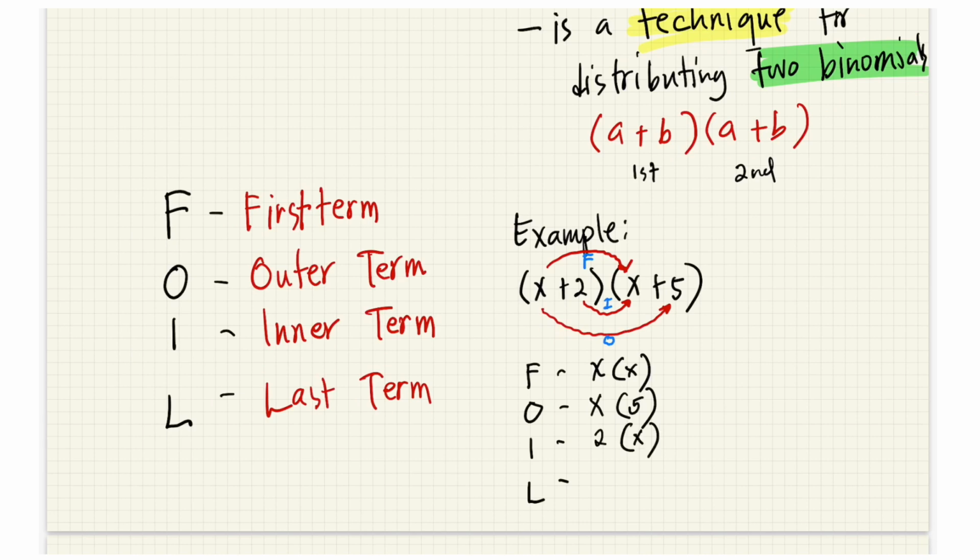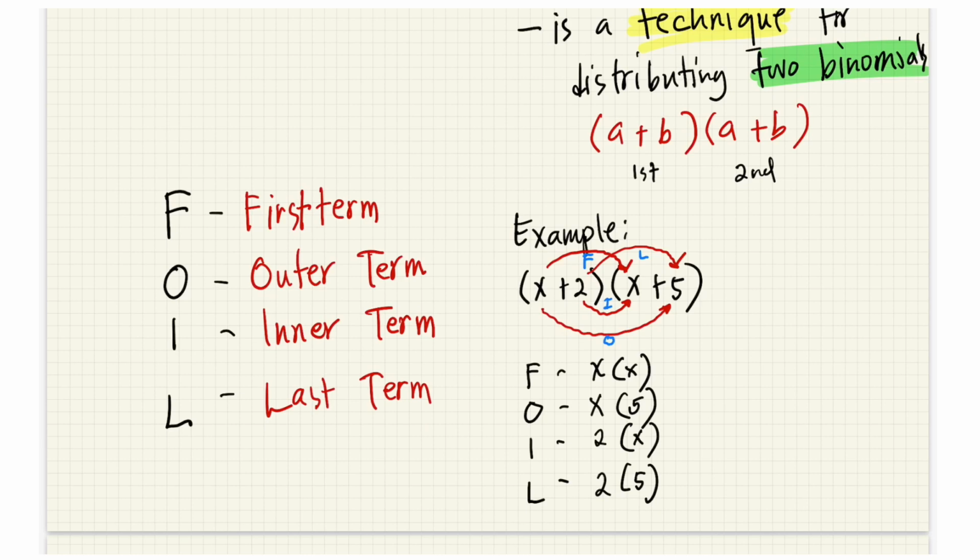Next, the last one, the last term: the last term of the first binomial and the last term of the second binomial. This is our letter L. Now our FOIL is complete. So the last term would be 2 times 5.